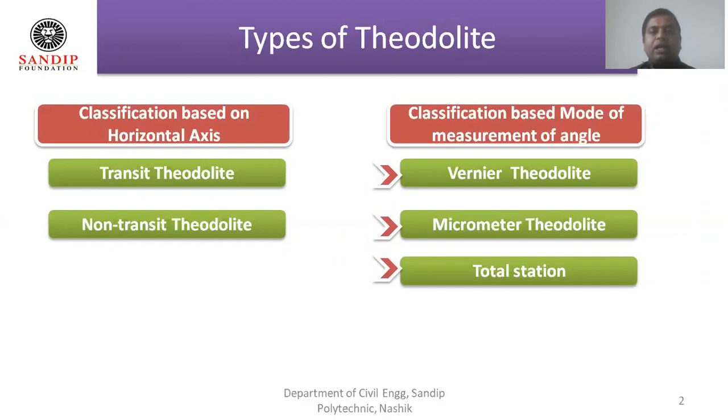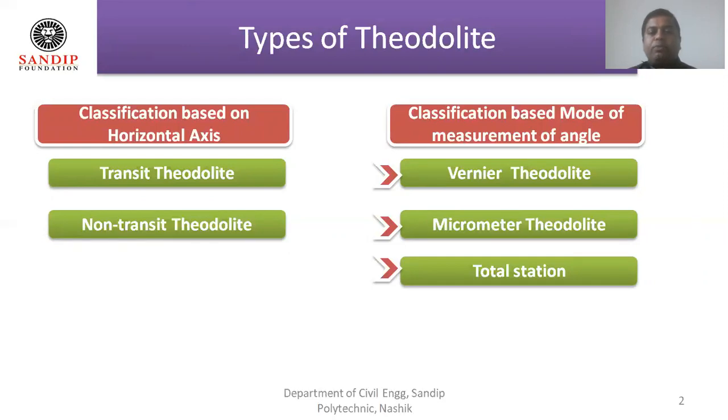Second criteria, classification based on measurement of angle. That means how we measure the angle using vernier, micrometer and in total station. Vernier theodolite means in this theodolite verniers are provided to measure horizontal angle and vertical angle.